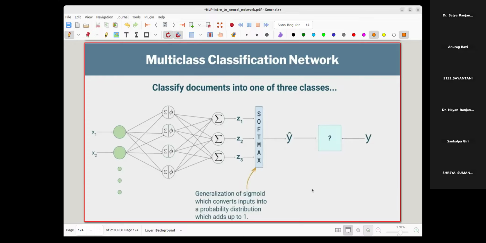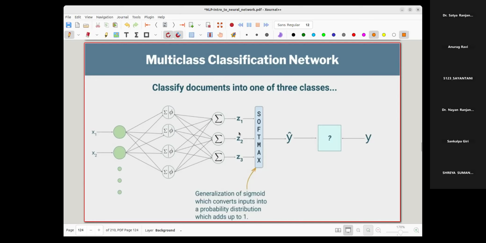Softmax is a generalization of sigmoid. If it is a binary classification problem and you are using only one neuron at the output, you are bound to use sigmoid. But if you are using a multi-class classification problem and there is more than one output or more than one class, you have to use softmax as the activation function. What will it do?